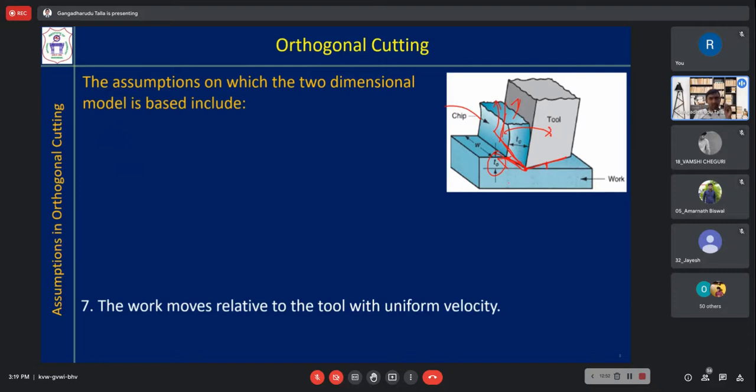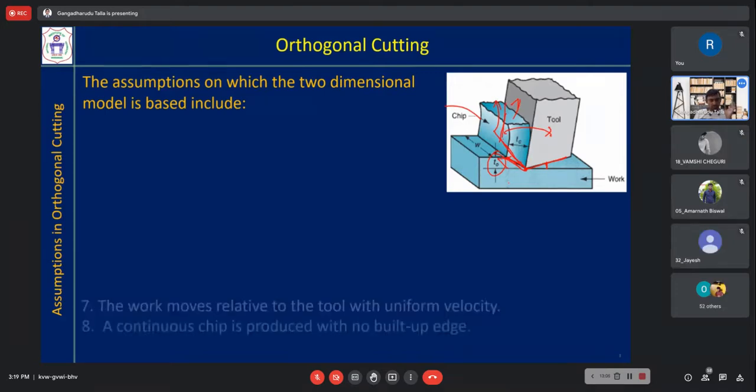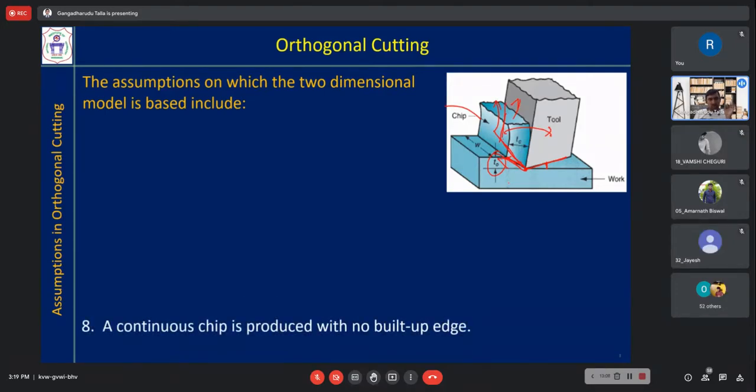The work moves relative to the tool with uniform velocity, so there is no change in the velocity also. We assume that the workpiece is moving with uniform velocity. A continuous chip is produced with no built-up edge. So this is also one assumption. Therefore, continuous chip with no built-up edge.